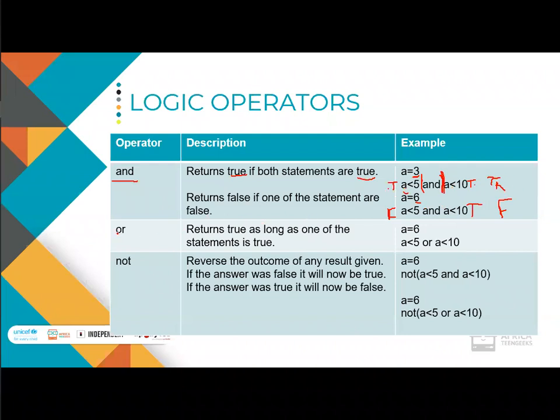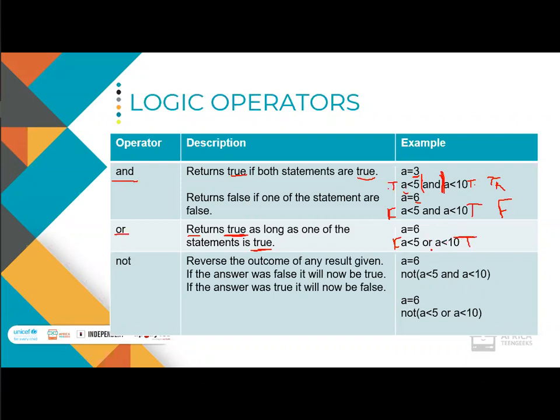But then if we look at the OR statement, it tells us as long as one part of your condition, the part that you test in, is true, it makes that entire statement true. So we look at this. This is false on the left-hand side. A is not less than 5, but A is less than 10. So the right-hand side becomes true.